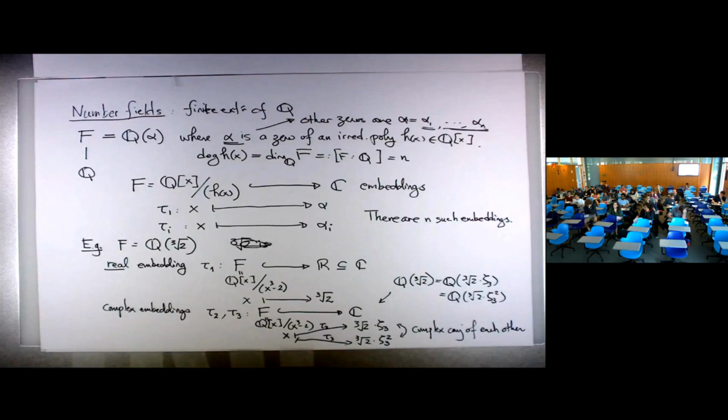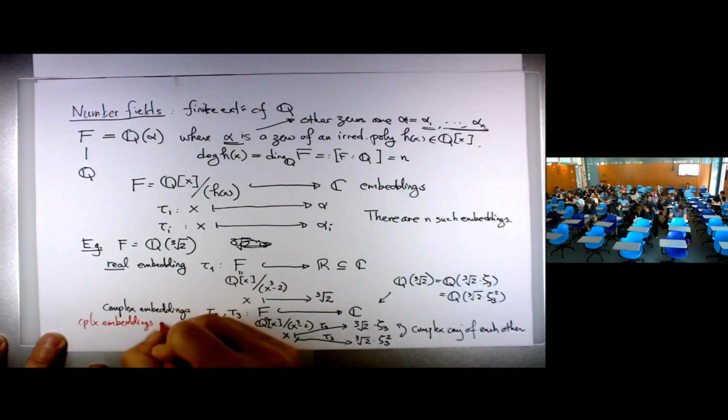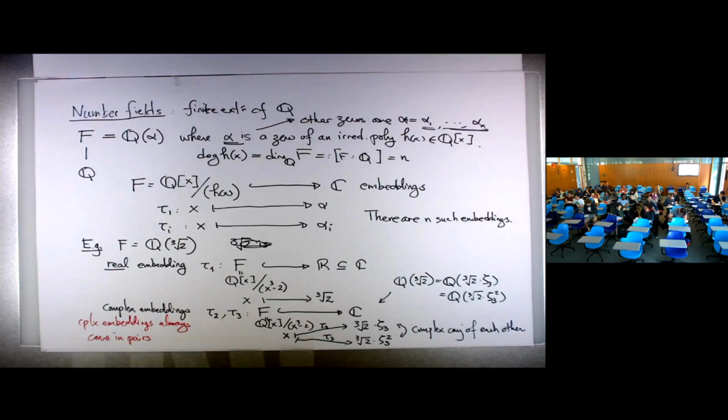So I want to point out this is some sort of reflection of a general fact that given an arbitrary number field, you have some number of real embeddings, and you have some complex embeddings. But the complex embeddings always come in pairs, because when you have a complex embedding, you can further apply a complex conjugation and you have a different embedding.